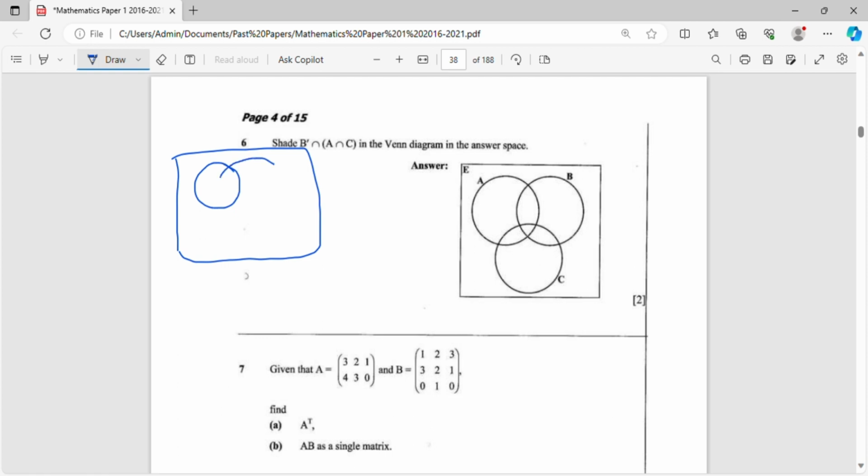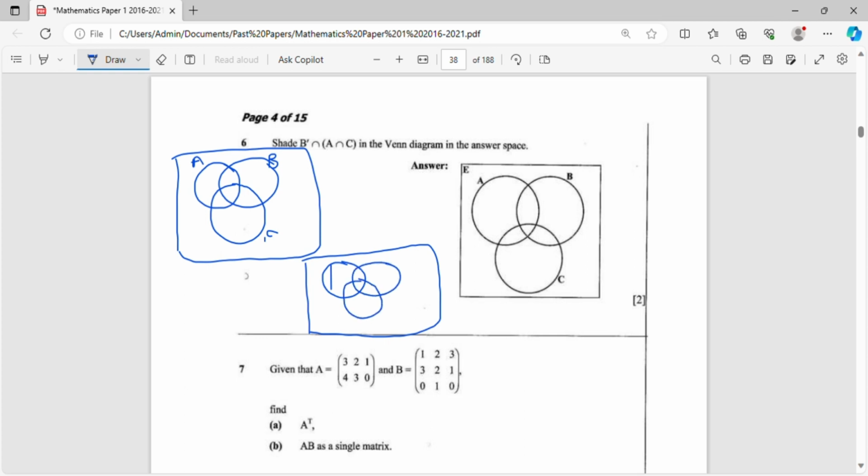This is our set A, our set B, and our set C. Now we'll draw another one as well. Set A, set B, and set C.